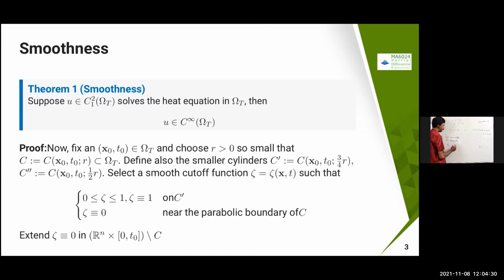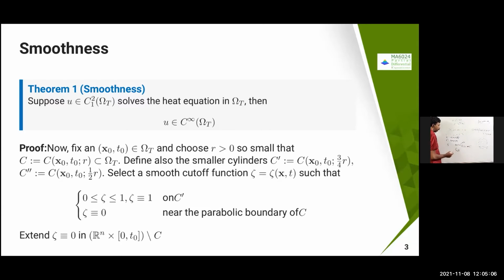I'm going to choose this cutoff function in such a way that 0 is less than or equal to psi less than or equal to 1 in C, and psi equals 1 on C double prime, inside the cylinder, and psi equals 0 near the parabolic boundary of C. There is a parabolic boundary of this, so near that it is going to be 0.